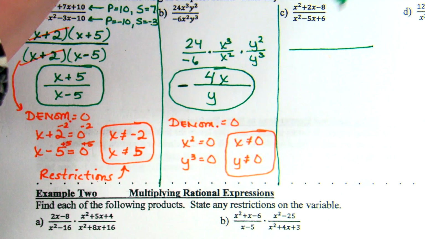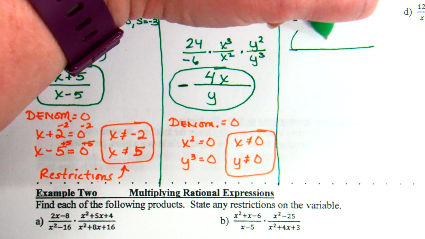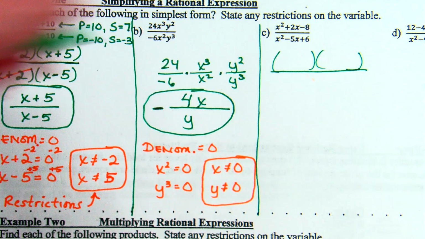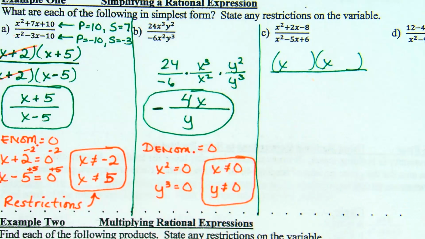X squared plus 2x minus 8 is in the form where we can set it up as 2 parentheses, we hope, yes? What do you know about x squared? X and x. What do my numbers have to do? Okay, multiply to be negative 8, add to be 2.